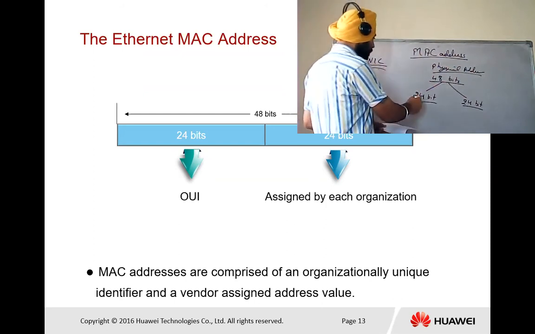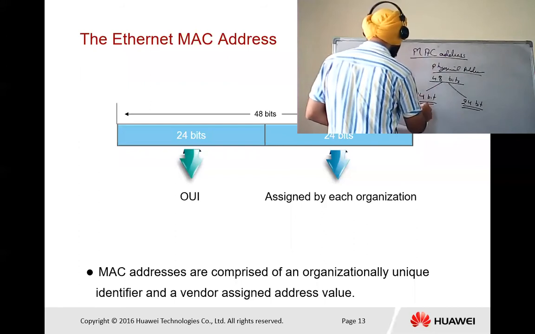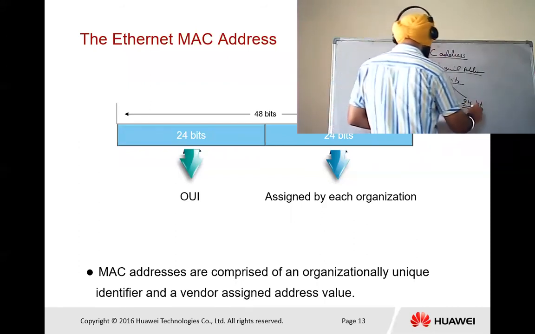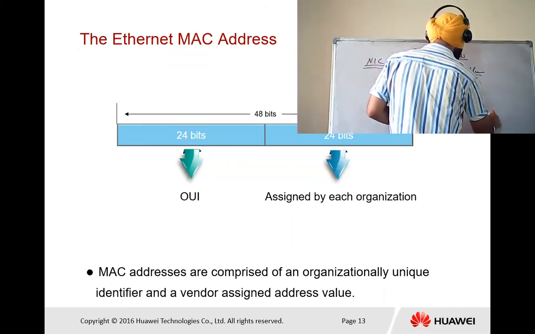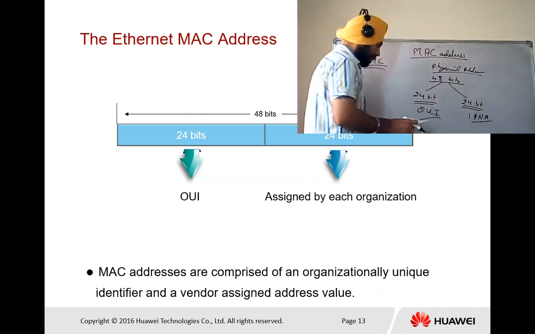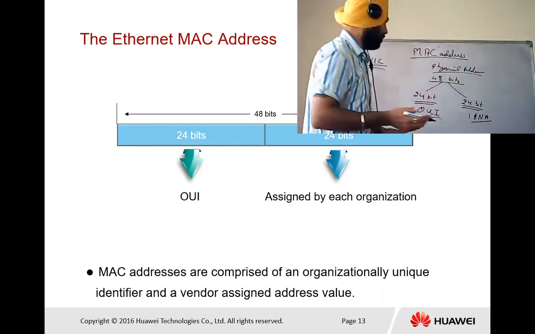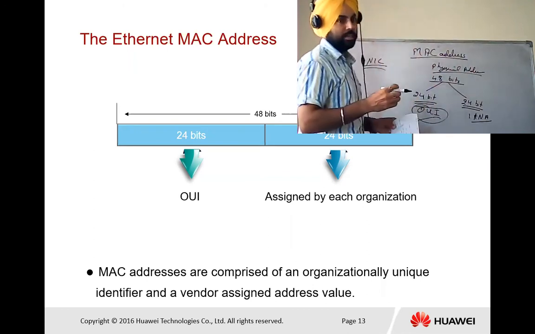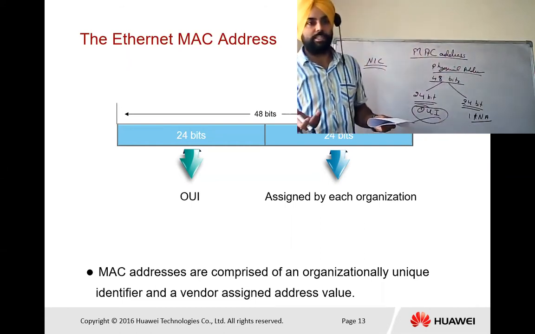So these two, 24-bit and 24-bit, one is specifically for OUI and the second is specifically for IANA. OUI, the organizational unique identifier, tells the vendor of the MAC address or NIC card.